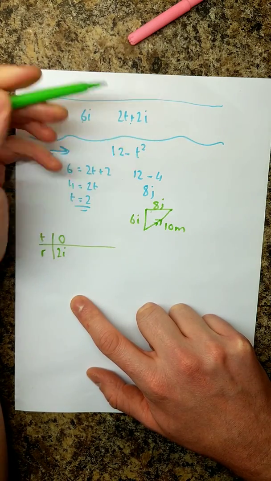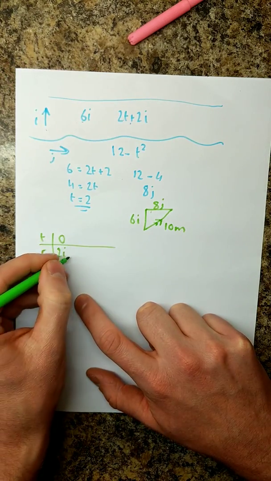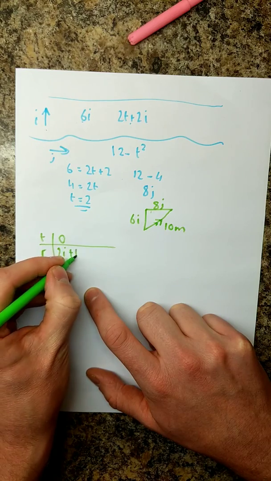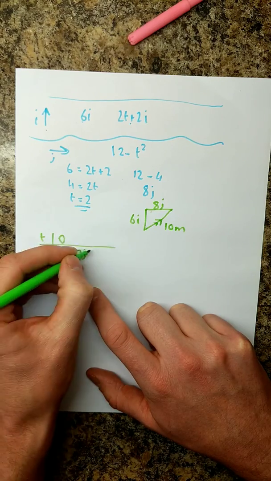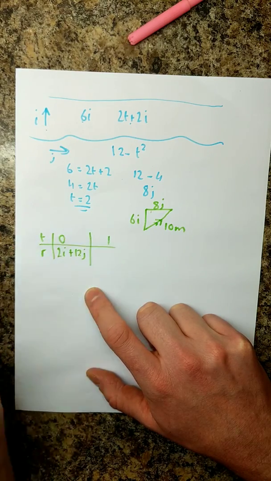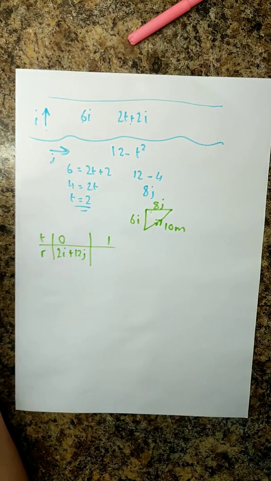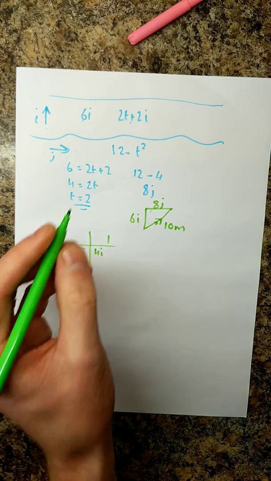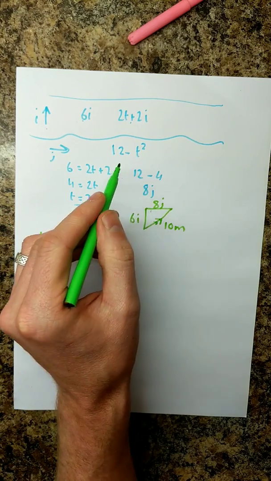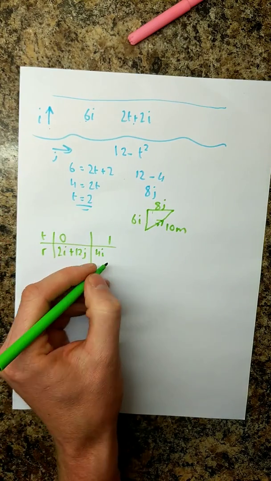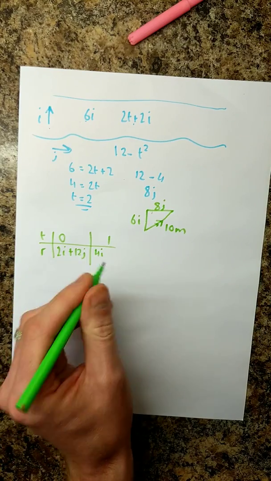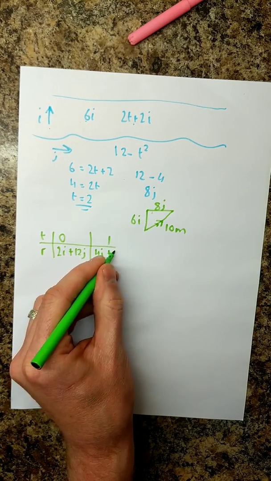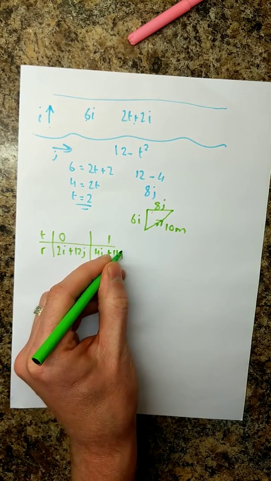And we put nothing in there, we just get 12 take away nothing, which is positive 12. If we go for 1, 2 ones are 2, plus 2 gives me 4i, 1 squared is 1, 12 take away 1 is 11, so plus 11j.